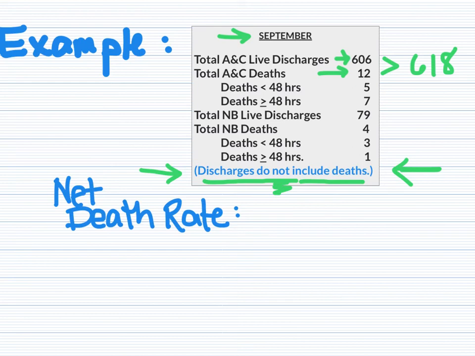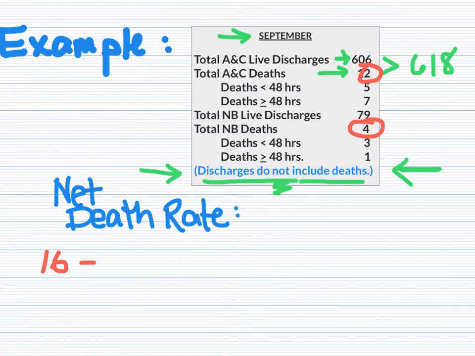So let's go ahead with our net death rate calculation. First of all, we begin with our numerator, remember, the total number of inpatient deaths, including newborns. So we know we had 12 and 4. So we had 16 inpatient deaths minus the deaths that happened less than 48 hours for that particular time period.